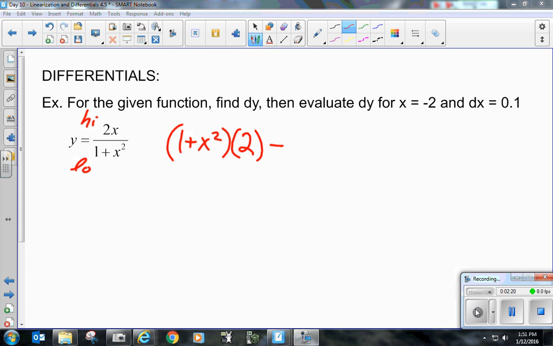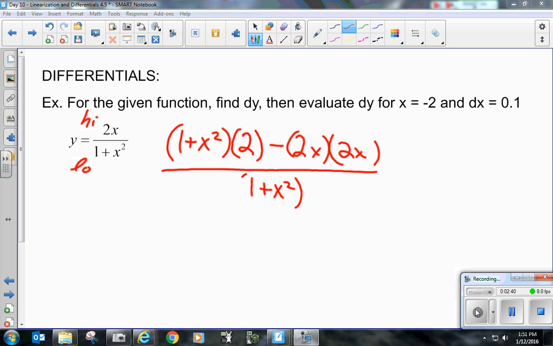Minus high d low. 2x is high. What's the derivative of the bottom, the denominator? 2x. I draw a line and I square what's below. So I square the denominator. I square this whole thing. Don't FOIL that out. It's fine just like that.